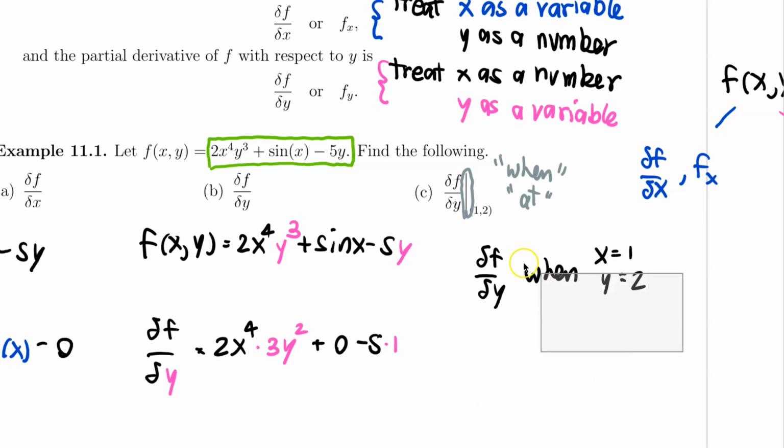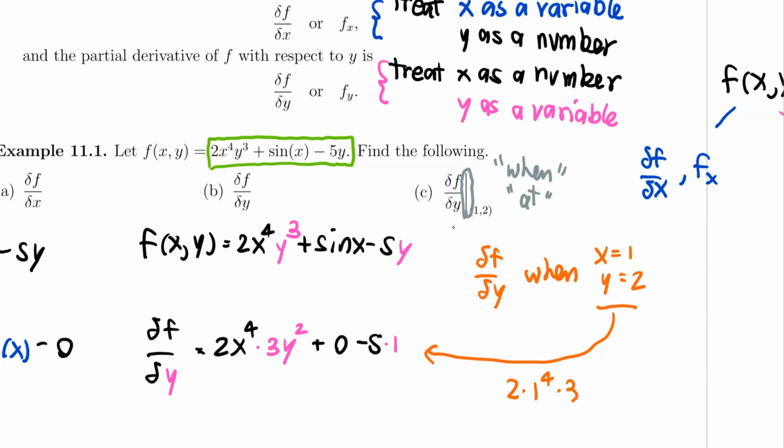Let me change this color to orange. I can just go ahead and plug this into what I have found earlier. So this is going to be 2 times 1 to the 4th times 3 times 2 squared plus 0 minus 5. So let's see, I'm going to have 24 minus 5, so I'm going to have 19 here.